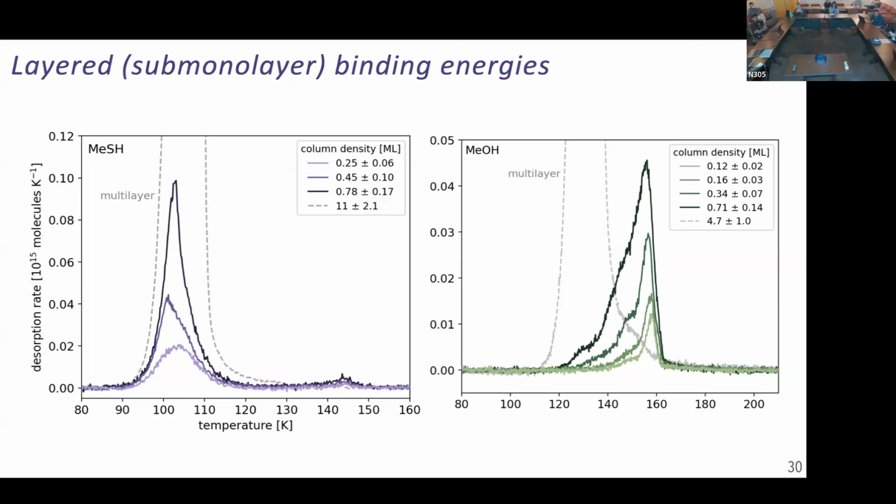Because we're not able to distinguish whether this is due to entrapment or actual binding, we're not able to get submonolayer binding energies for methanol. But I want to note that whatever is on this little bump over here does not change even as these values go up a little bit.